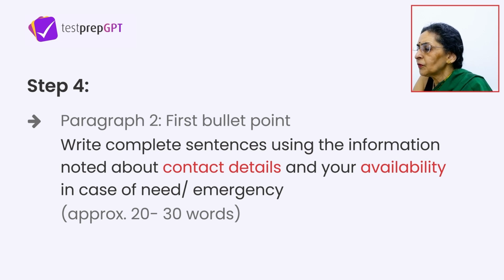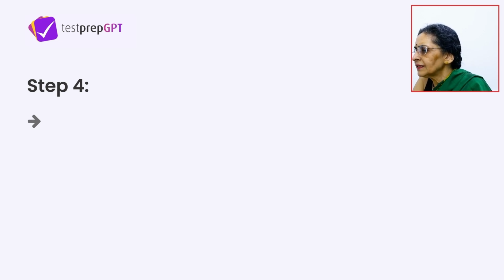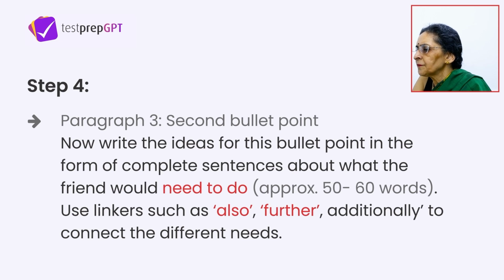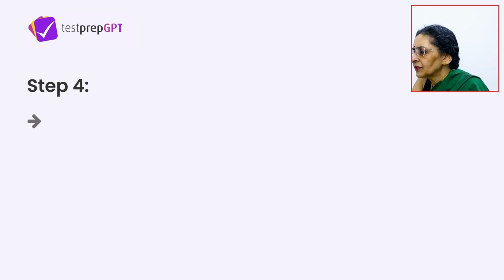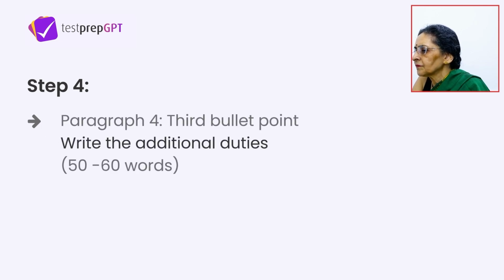So the first bullet point would be about the contact details, your availability. The second would be, again, what the friend would need to do. And the third is about the additional duties. You can take about 15 minutes to do this.